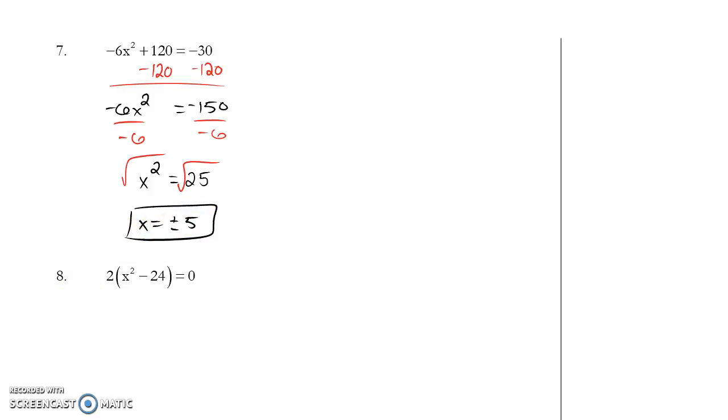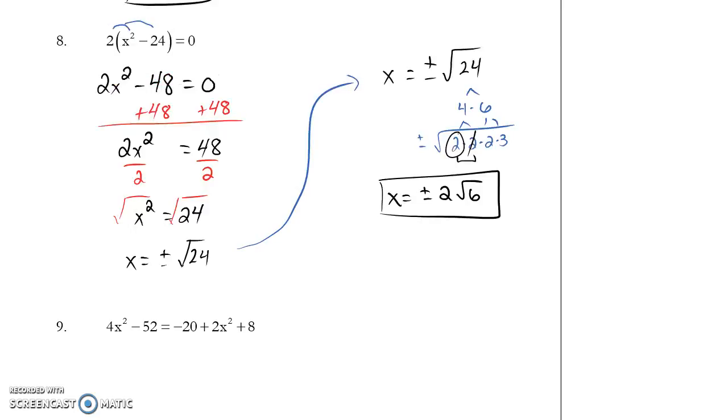If you haven't already done so, try number 8. So for number 8, you distribute your 2, add 48 to both sides, divide both sides by 2, then take the square root. 24 is not a perfect square, so you have to simplify it. Don't forget your plus or minus.